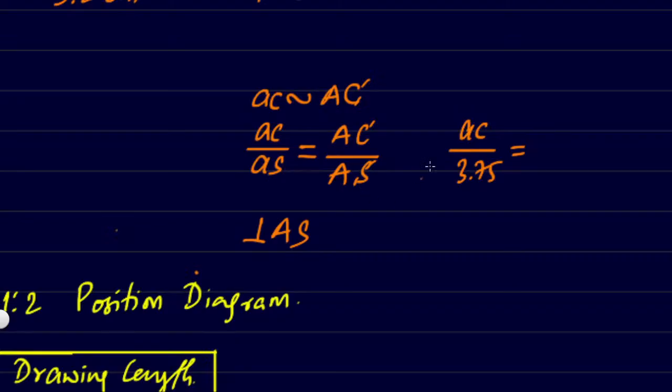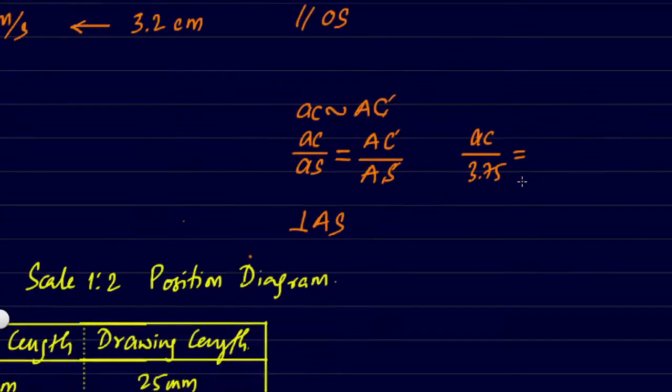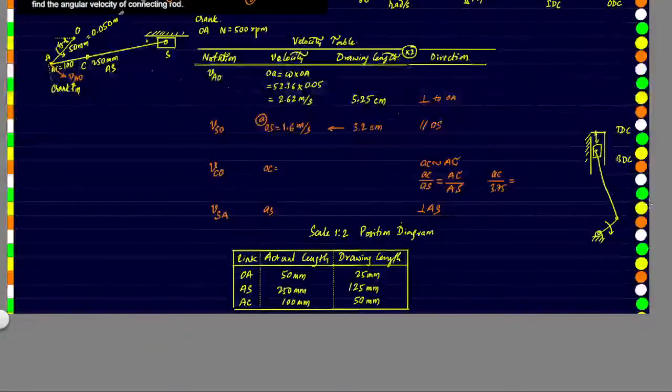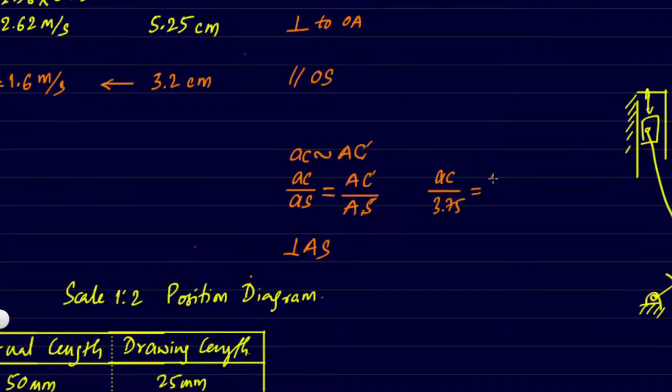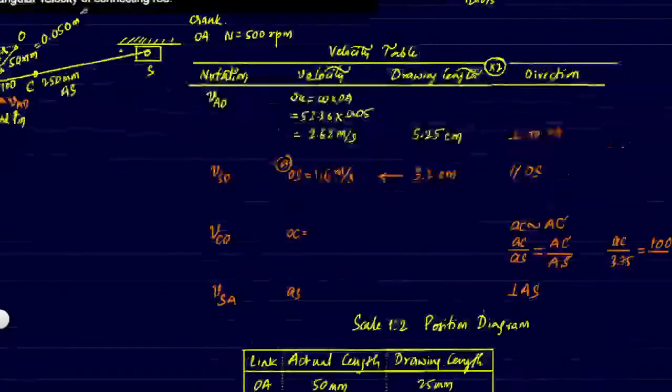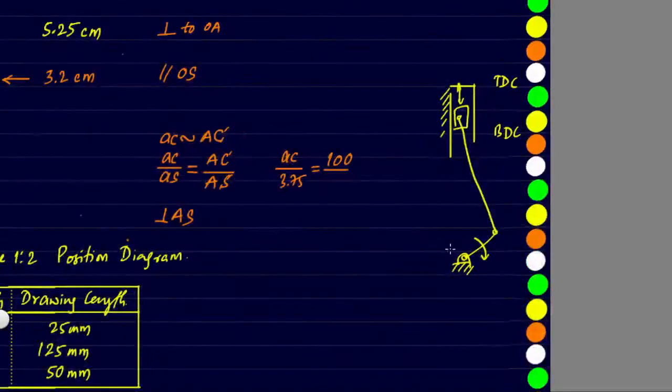Now capital AC and capital AS we have to take from the actual measurements. So actual length AC is 100, and actual length AS, here you can see, is 250. Okay, so using this we have to find the value of ac. So ac will be equal to 3.75 times 100 divided by 250.